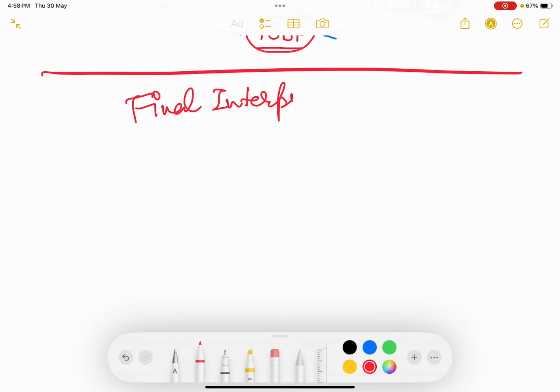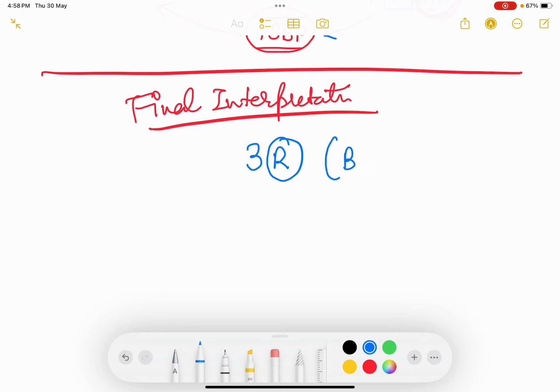When we write the final interpretation, we see how many parameters are where. So if all three are reassuring, it means baseline भी reassuring है, variability भी reassuring है and deceleration भी reassuring है. Acceleration of course will be reassuring. अगर तीनों reassuring हैं then we tell the final interpretation, final CTG या फिर NST is normal.